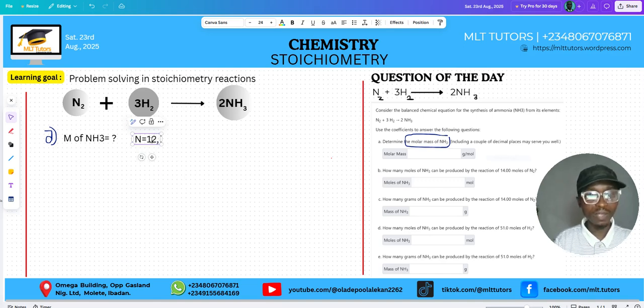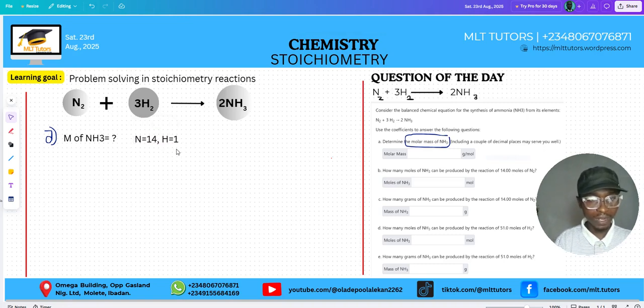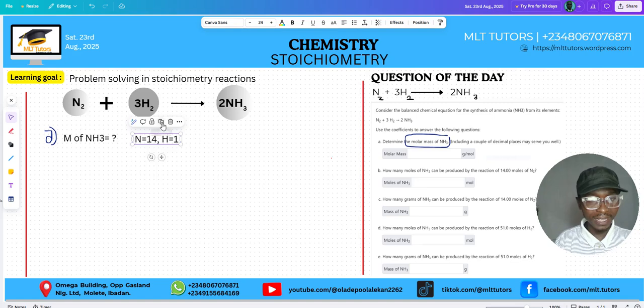For odd numbers, you may add 1. The atomic number of nitrogen is 7, so 7 multiplied by 2 is 14. Then that of hydrogen is just 1. So we have the relative atomic masses now, and we can easily get the molar mass.